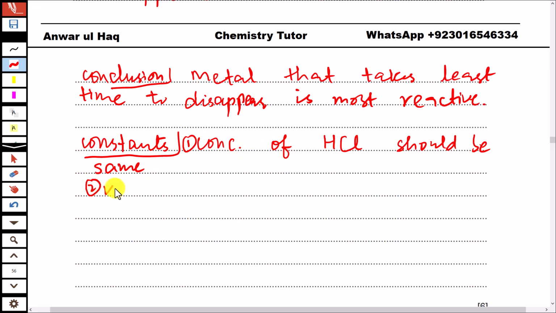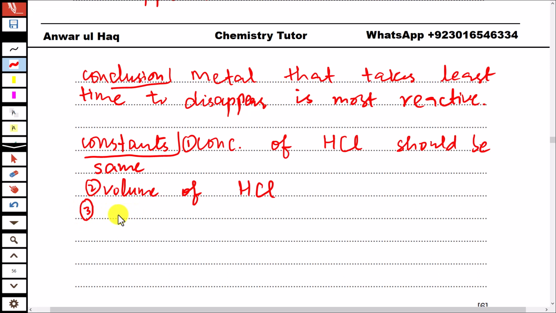Secondly, the volume of HCl should also be same, because if you vary the volume of HCl in the experiment where there is larger volume of HCl, definitely the solid will take more time to dissolve, so it will affect the rate of reaction. So you have to use the same volume of HCl for all the three experiments.